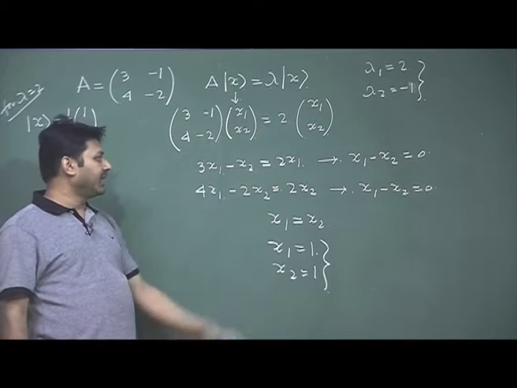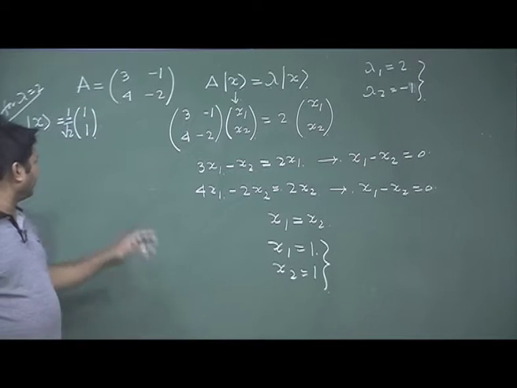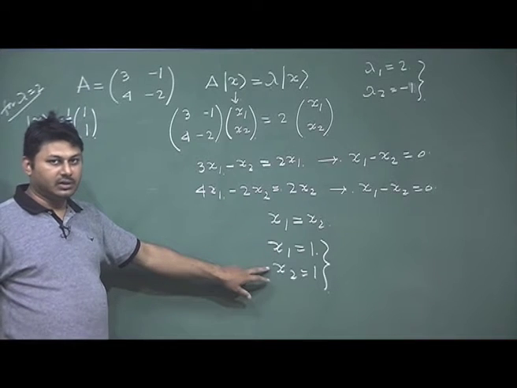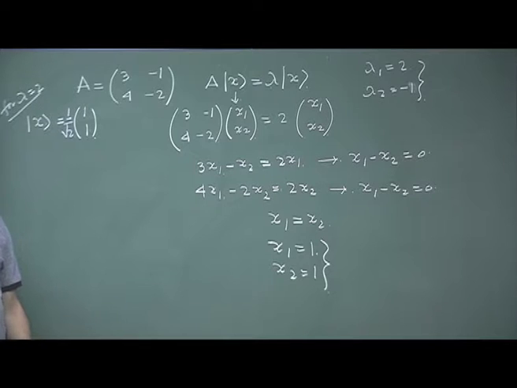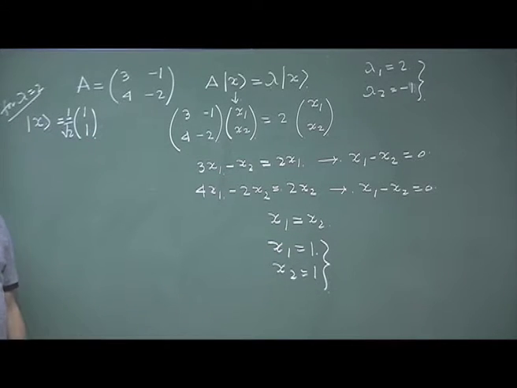So that's why you are not getting any unique relationship between these two. But the important thing is that you are getting the relationship between the two components. That is important. Always you will do that. And once you get the relationship, from it you can find out the eigenvectors.